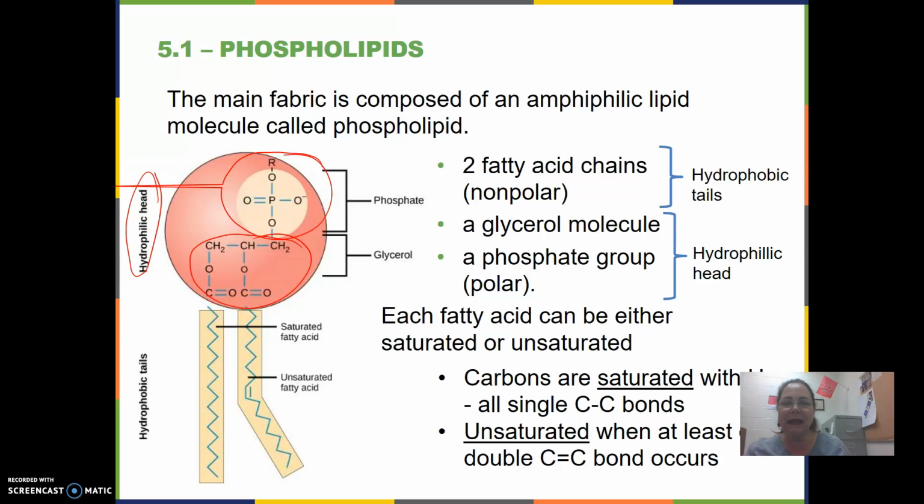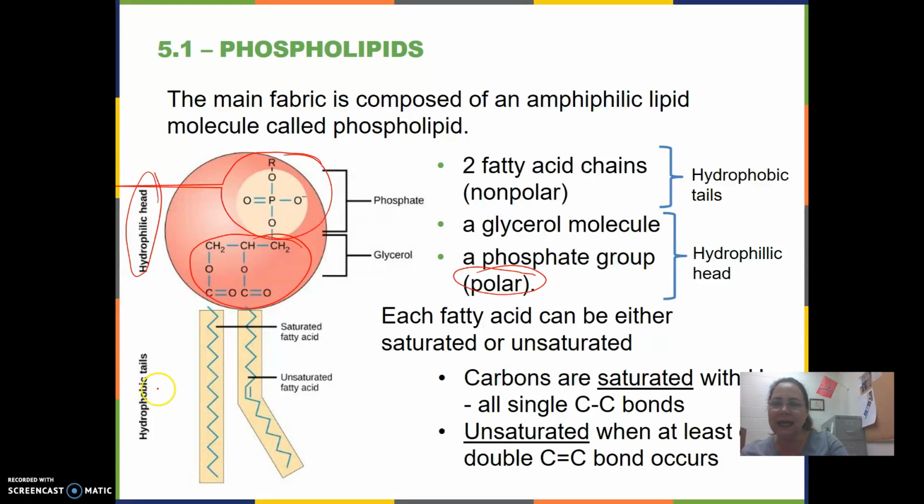So the phosphate head has a phosphate group, and this phosphate group makes the phosphate head hydrophilic. And hydrophilic means that it is polar, and that means that it is soluble in water. So that is the reason the hydrophilic heads face outward and they face outside the cell and inside the cell, because the fluid on the outside and inside is water-based.